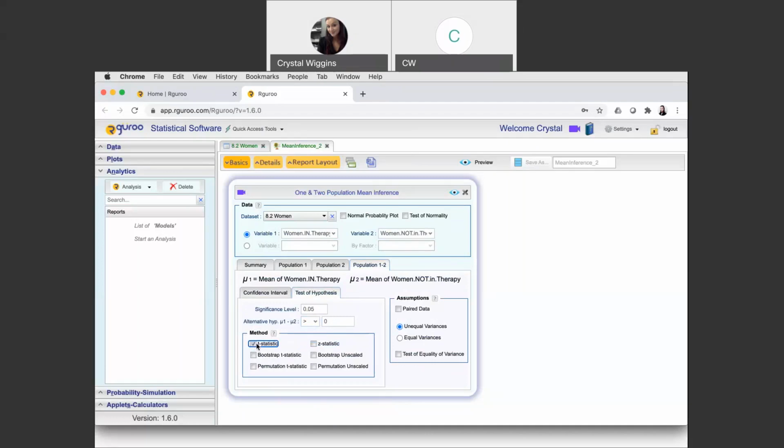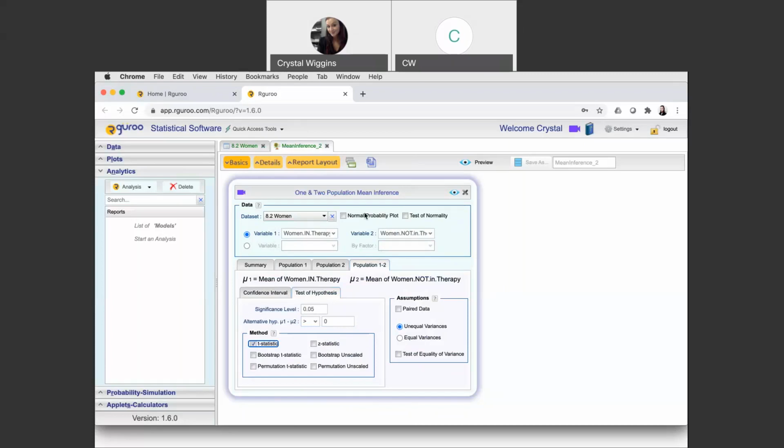Right at this moment, we were not told that the population was normally distributed, nor do we have a large enough sample size. So at this time, we are unsure if this hypothesis test is even doable, as we don't know enough about the samples and the populations to determine whether this is valid or not.